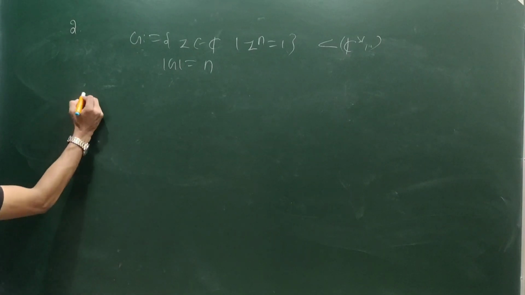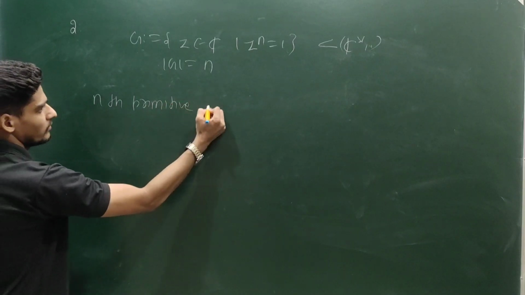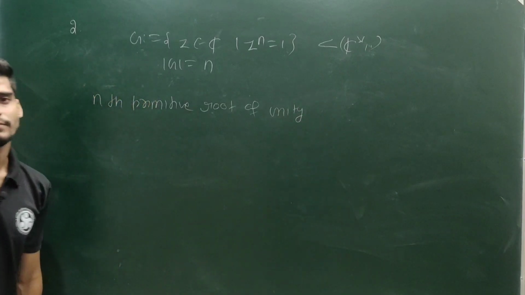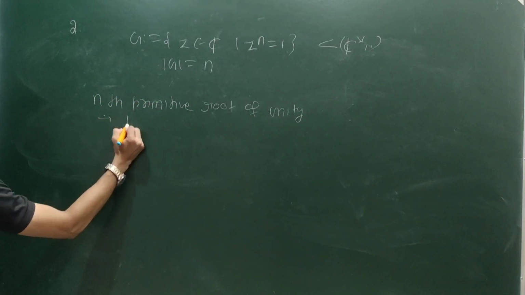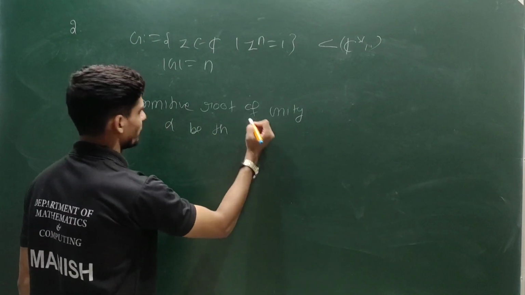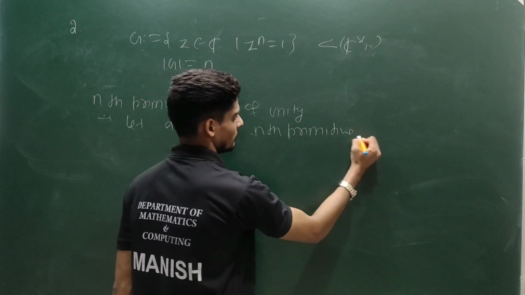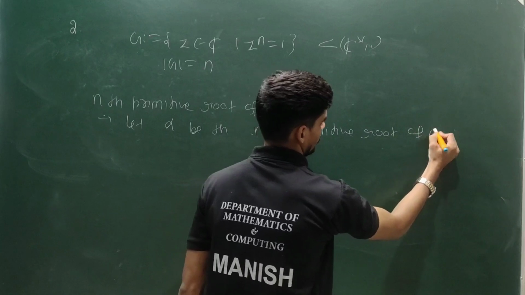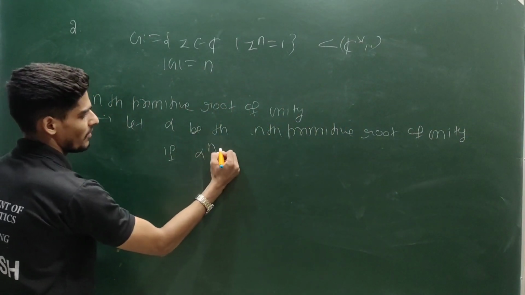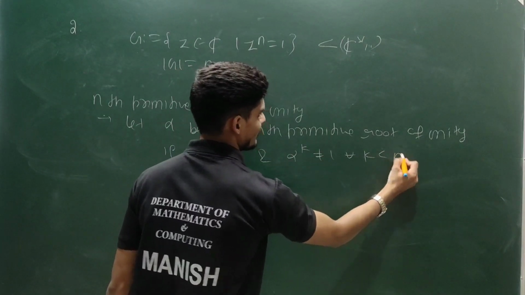Now what is the meaning of nth primitive root of unity? Let alpha be the nth primitive root of unity if alpha power n is equal to 1 and alpha power k is never 1 for every k less than n.